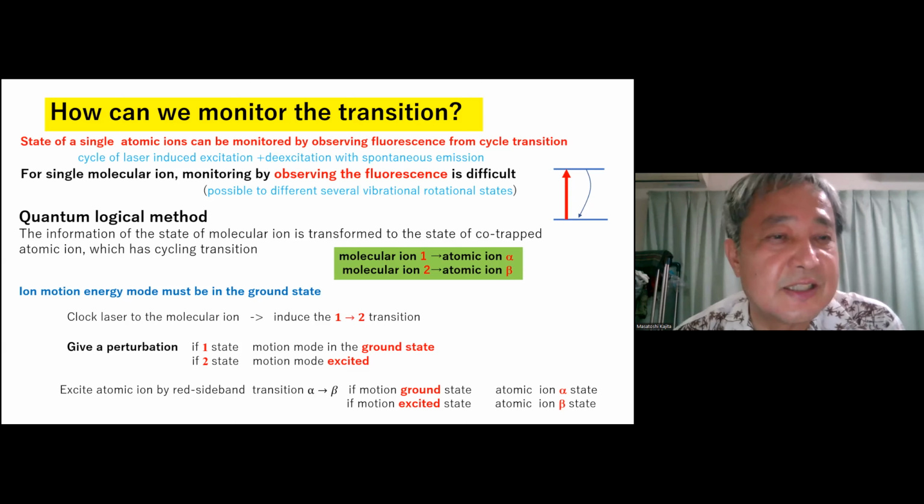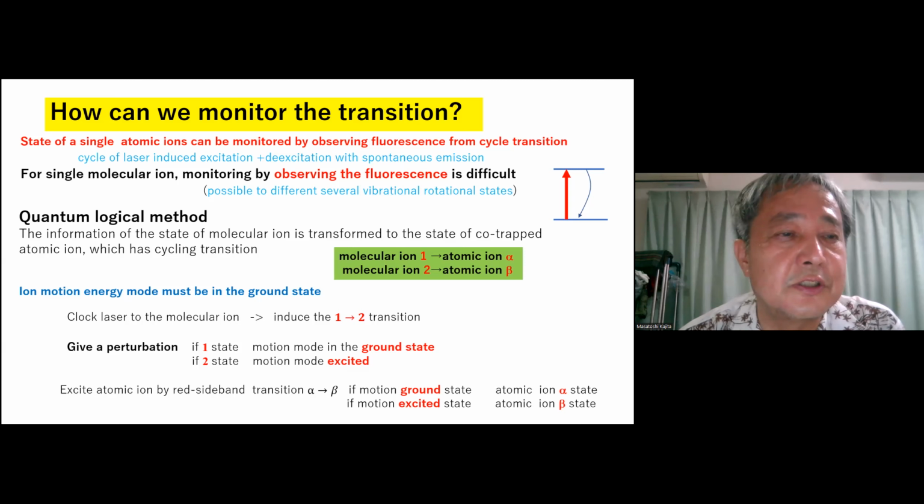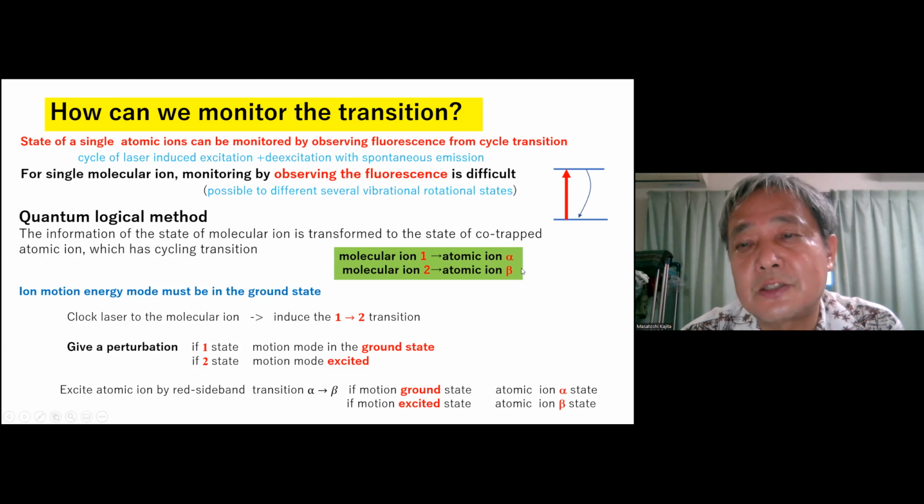So a technology called quantum logic method was developed. It is a little complicated to explain, but it is a technology to transfer the information of the molecular ion to that of the atomic ion. If the molecular ion is in state 1, the atomic ion is alpha. If the molecular ion is in state 2, the atomic ion is beta.